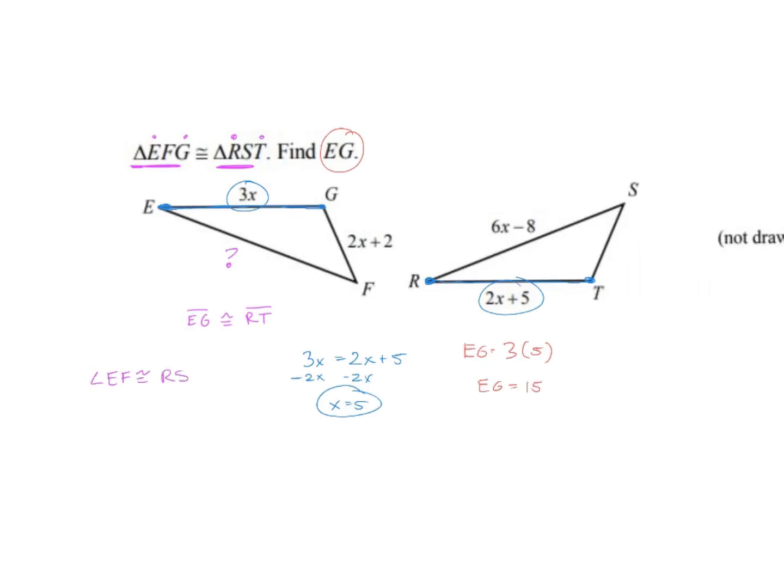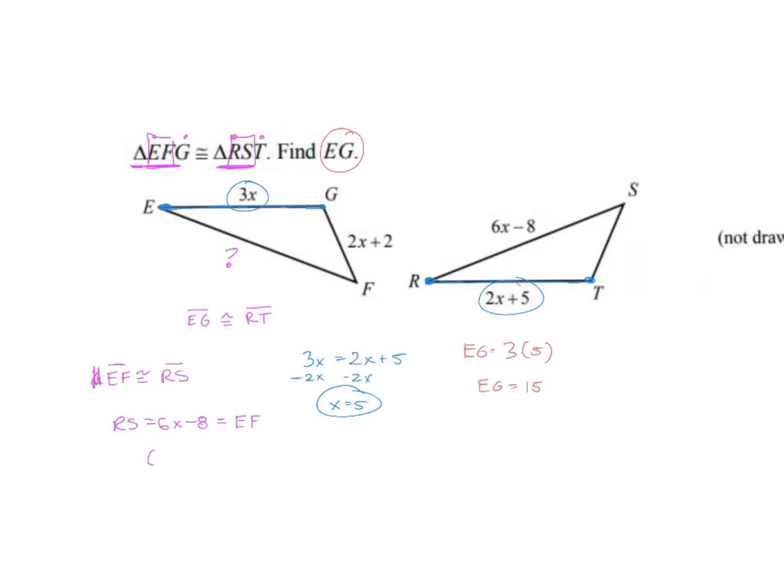because, not angle, just side, EF is congruent to RS. And we know that because of your congruent statement. Here's EF, here's RS, first two letters, those will be matching. So if I know RS is 6x minus 8, then I know 6x minus 8 will also equal EF.